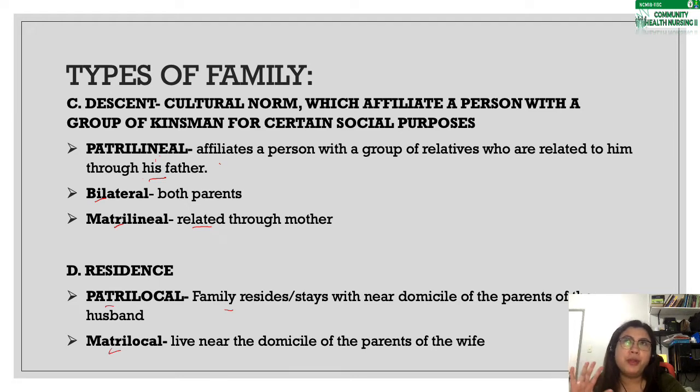For example, in my case, we are from Ozamis, and my mama is from Jimenez. So we live here, the patrilocal side. Meaning we reside on my father's side. If we decide to live on my mother's side, then that is called matrilocal.